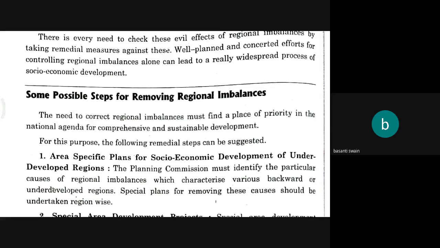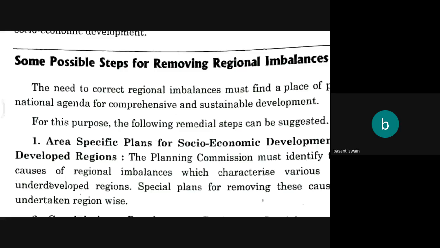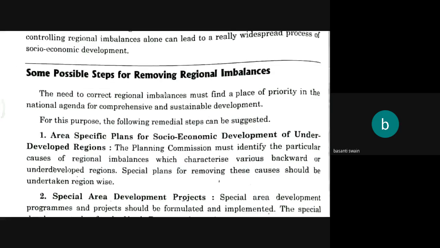The area-specific plan for socio-economic development of underdeveloped regions. The Planning Commission must identify the particular causes of regional imbalances which characterize the various backward and underdeveloped regions. Special plan for removing these causes should be undertaken region-wise.